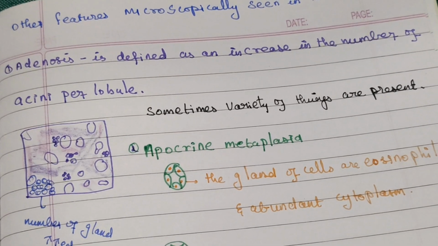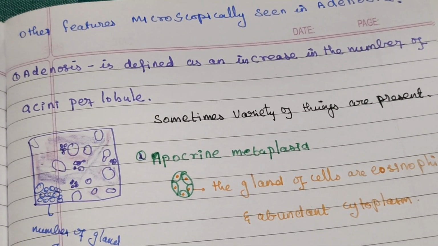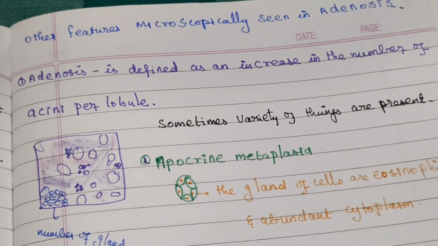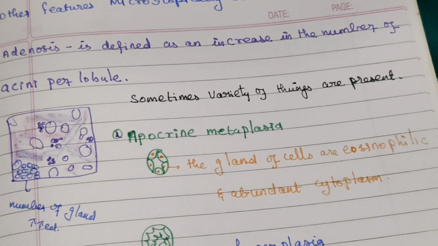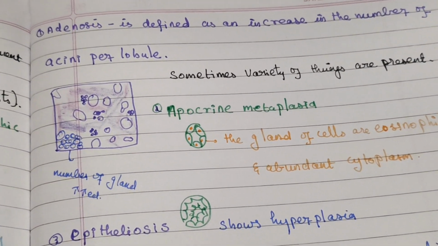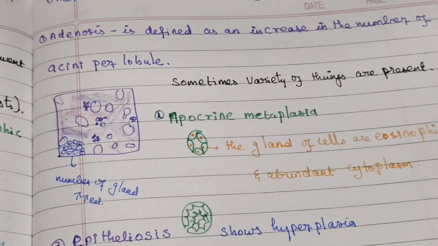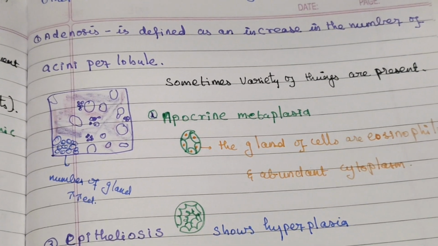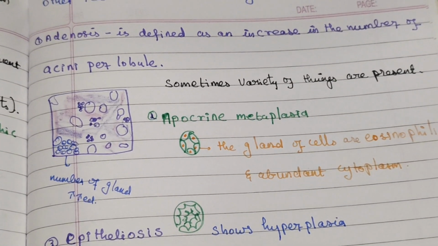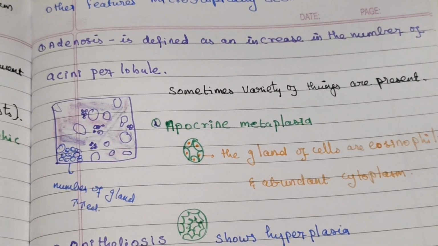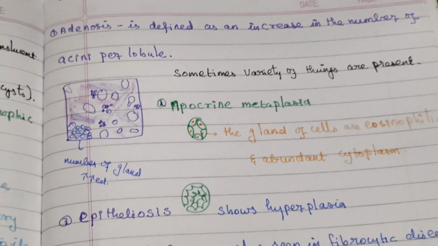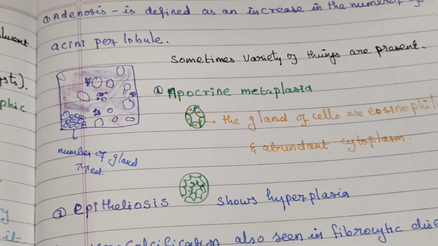That means the number of glands is increased. This is seen in fibrocystic disease. It is a spectrum of disease. Not all things are present, and sometimes a variety of things are present in mixed fashion.